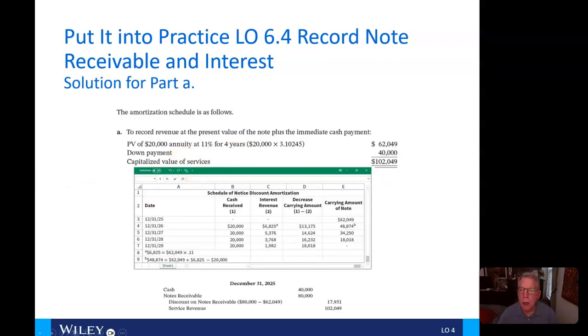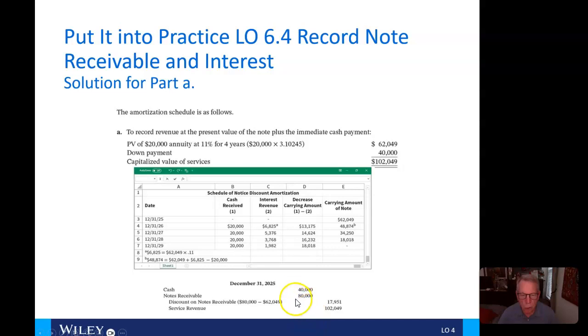So now we're going to record the present value of a $20,000 annuity at 11% for 4 years. Here's the factor. We take the 20,000 times that factor, we get 62,049. And then the down payment's already at present value, so we add the two of them together, we get 102,049.